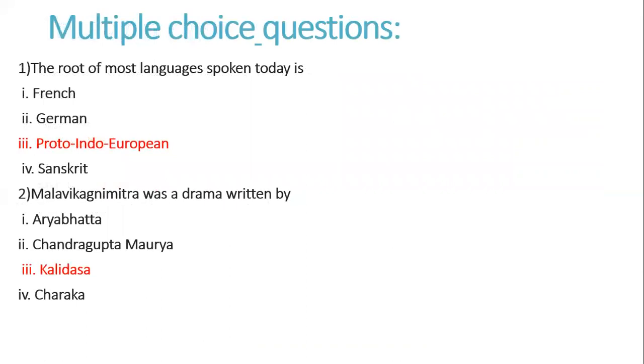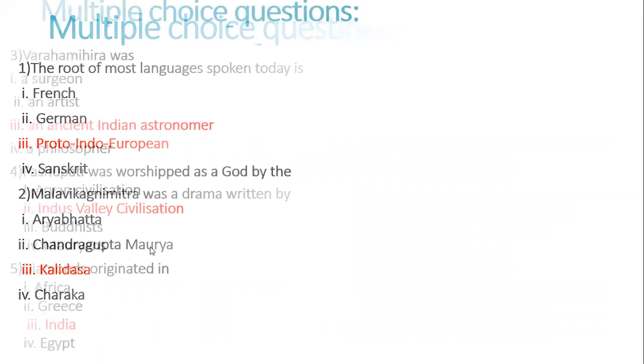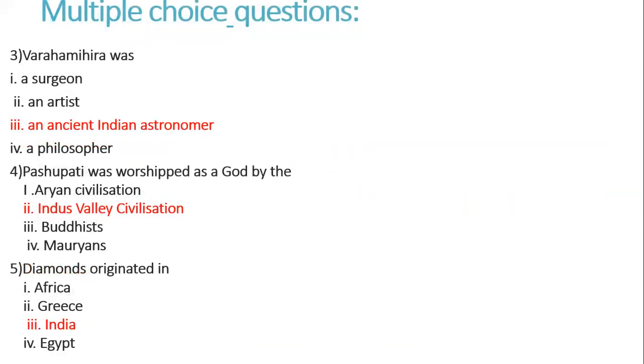Followed by MCQs, that is our next question. The root of most languages spoken today is Proto Indo European. Malavikagnimitra was a drama written by Kalidasa. Third one is Varahamihira.